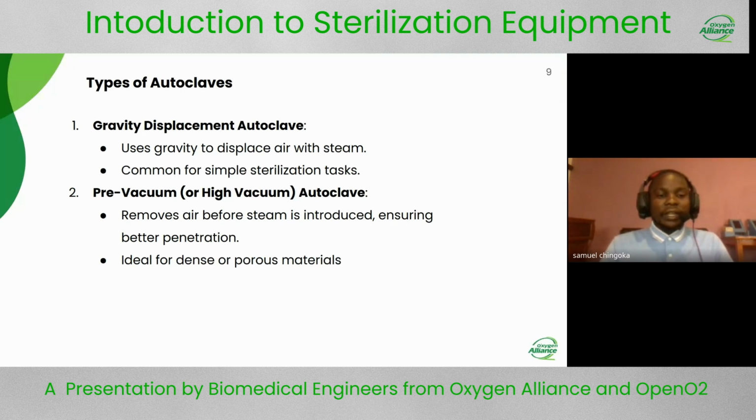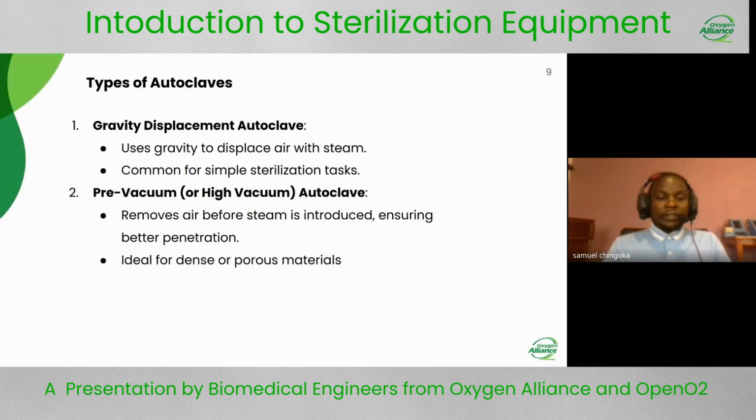We put steam into our sterilization chamber, and the steam takes the space of air, because steam is denser than air. Air is vented out using a small orifice under the gravity displacement autoclave. It's basically common for simple sterilization tasks.